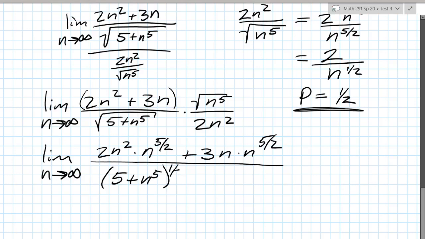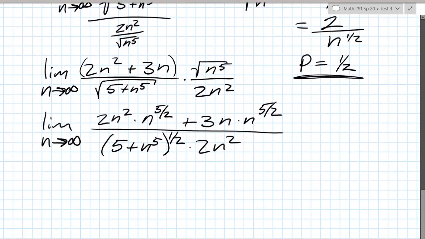So we've got our powers here as fractional exponents. So what would we like to do? We would like to multiply the numerator and the denominator by 1 over n to some power. What would that power be?